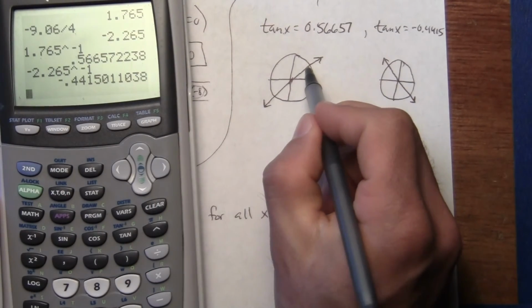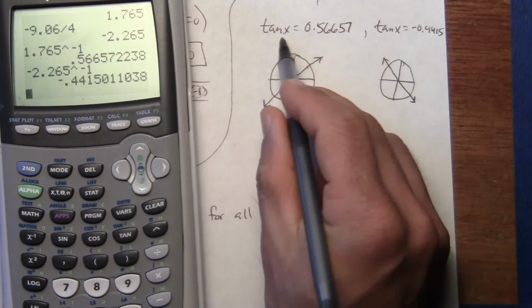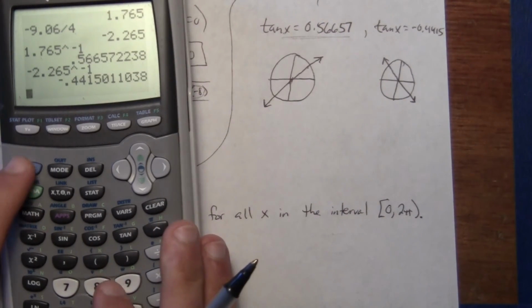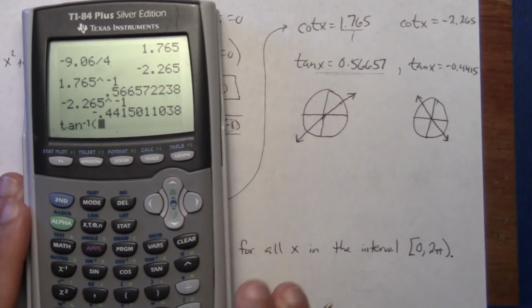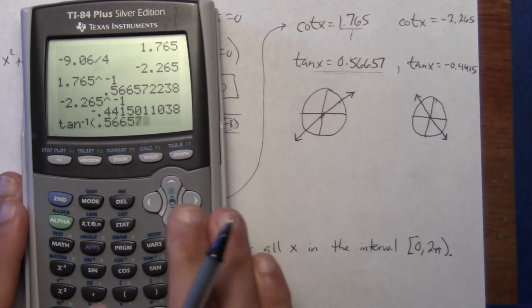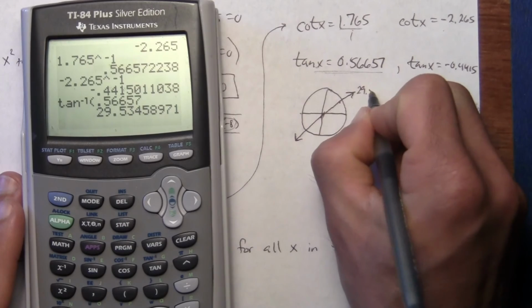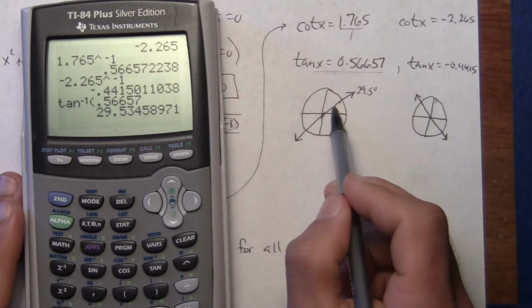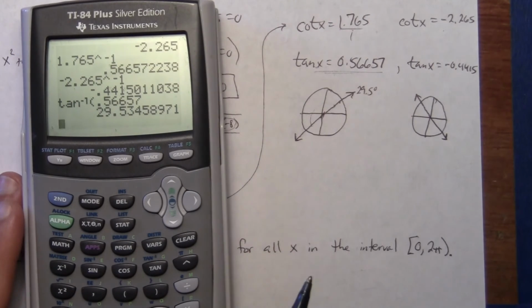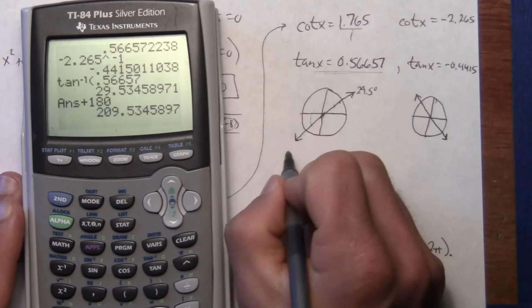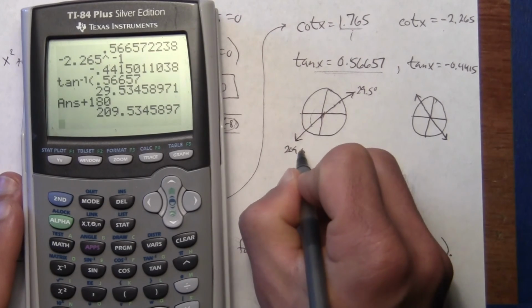If I want to know what this answer is, I just have to type tangent inverse of that decimal. So I'll type in tangent inverse of 0.56657, and the calculator is going to tell me it's 29.5 degrees. Which, of course, this is 180 degrees larger than that, so if I add 180 to it, that tells me that this one is 209.53.